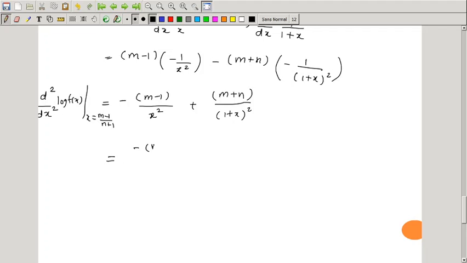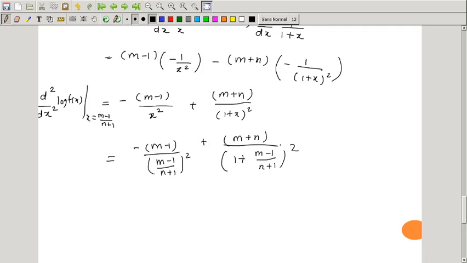So minus (m minus 1) upon, this is your ((m minus 1) upon (n plus 1)) square, plus (m plus n) upon (1 plus (m minus 1) upon (n plus 1)) square.